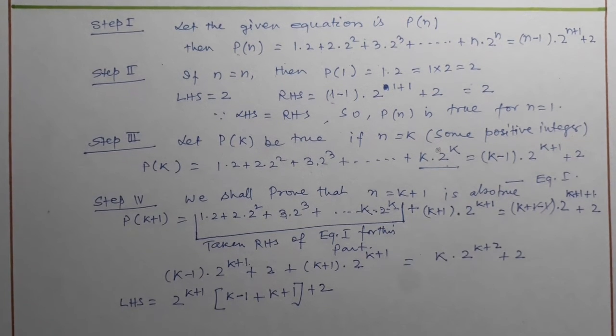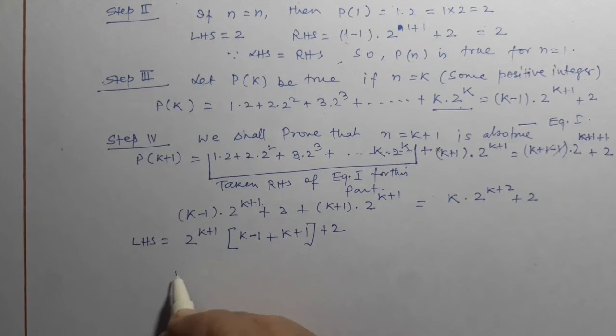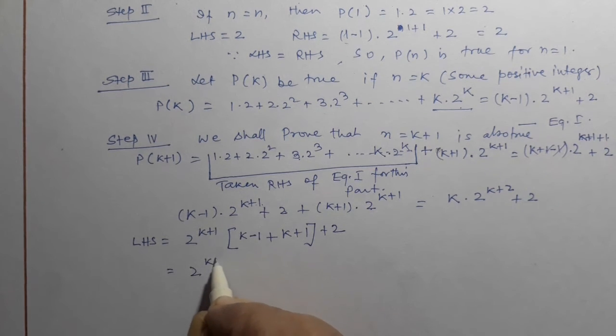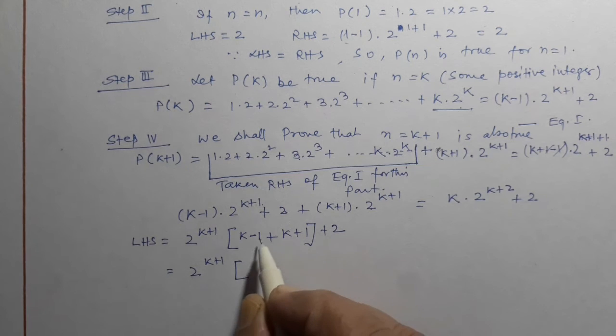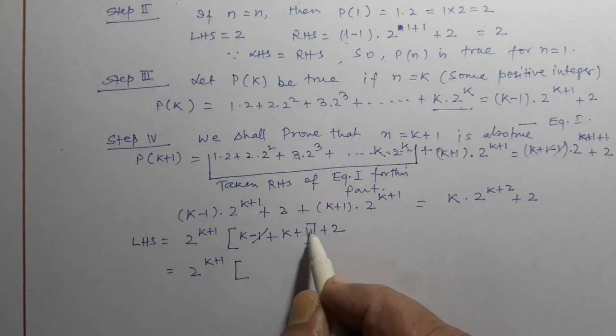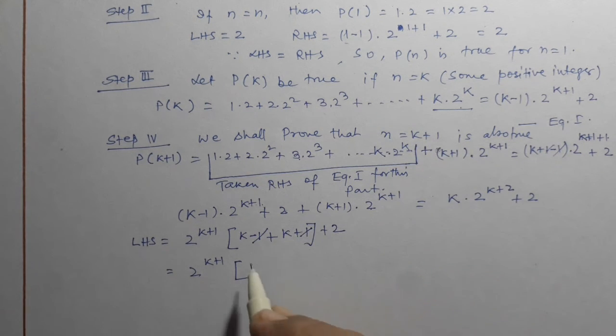Now this minus 1 and plus 1 will be cancelled, so k plus k will be 2k, giving 2^(k+1)·2k + 2.